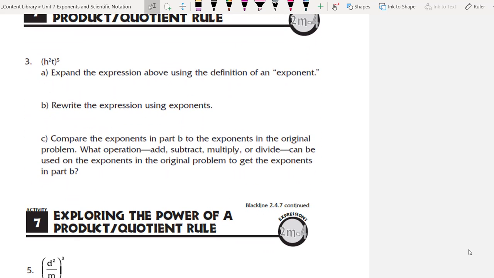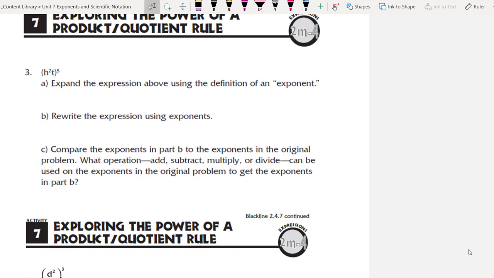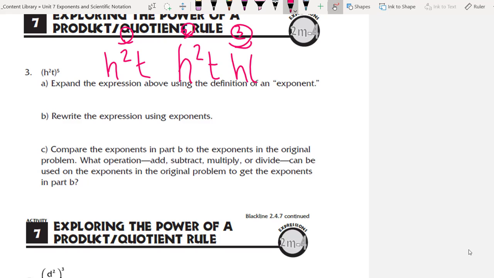H to the second, t to the 5th power. So all of that stuff that's in the parentheses repeats 5 times. There's once, twice, 3 times, 4 times.